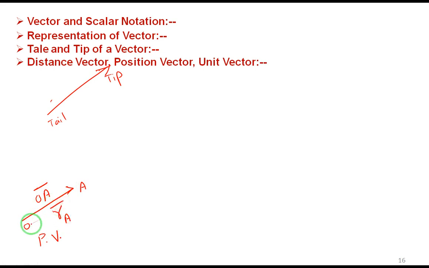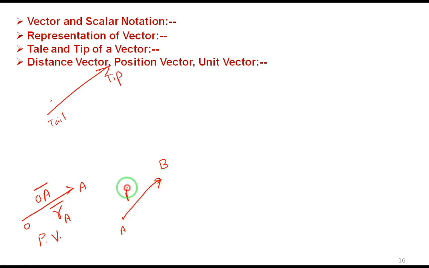It is by default understood that the starting point, or tail, of the vector is the origin and the tip is A. The small letter r with a bar over it: vector r_A, or the OA vector. Coming to the distance vector, other than the origin, I will take point A here and point B here, from point A to point B. This is the tail and tip of the vector, and I have set the direction here.